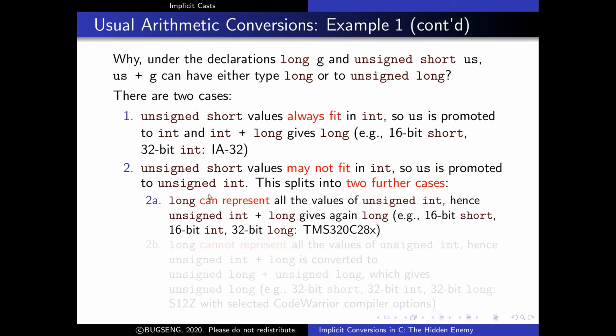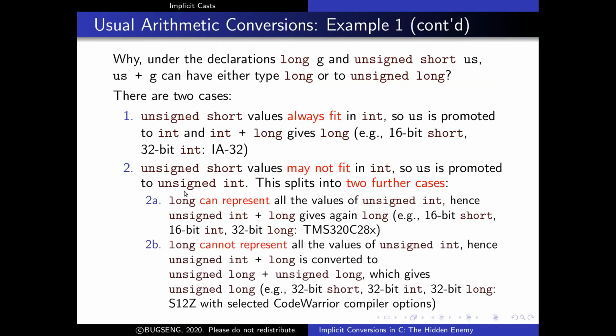And the other possibility is that long cannot represent all the values of unsigned int. So we stumble upon the last case, the fifth case. Both are converted to the unsigned type with the highest rank. So unsigned int becomes unsigned long, and long becomes unsigned long.